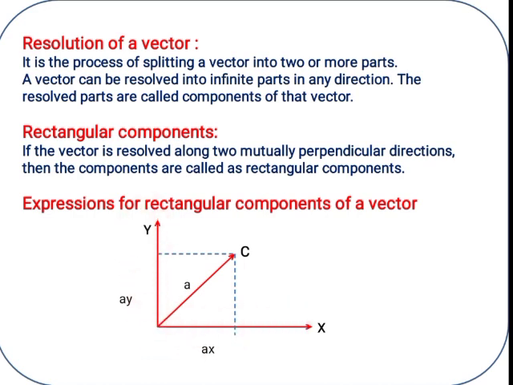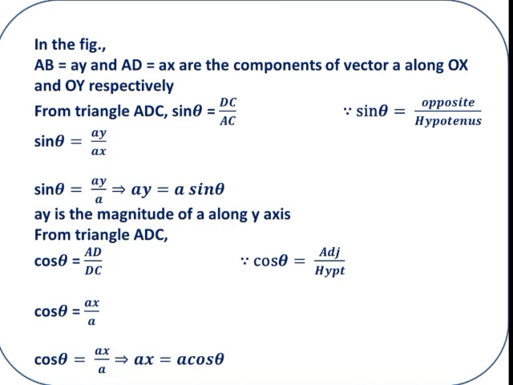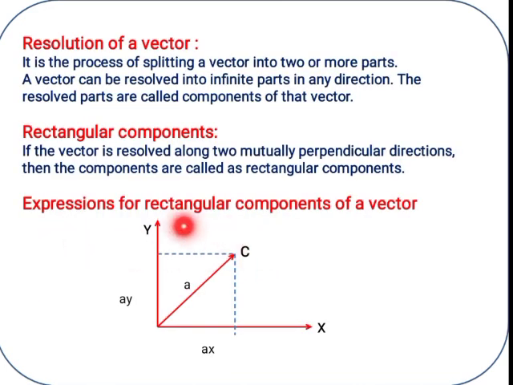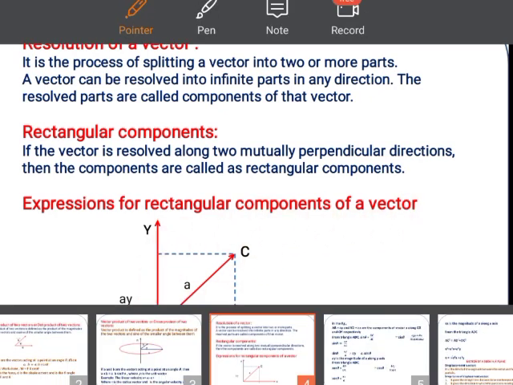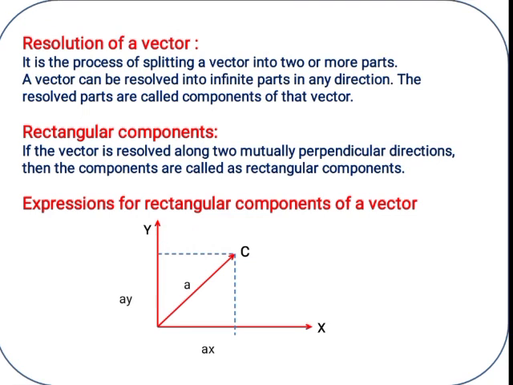Now based on this, we are going to learn the expression for rectangular components of a vector. So this is about the diagram. I can call this A, this is B, and this is D. ABCD is a rectangle.